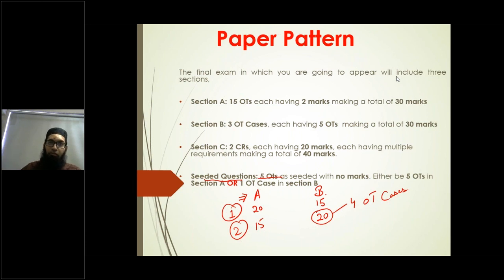So to ensure that these questions are of the same level, the 5 additional objective tests will be checking the overall difficulty level and overall rigor level of the exam, so that no student will be at a disadvantage. So this is the objective, right?